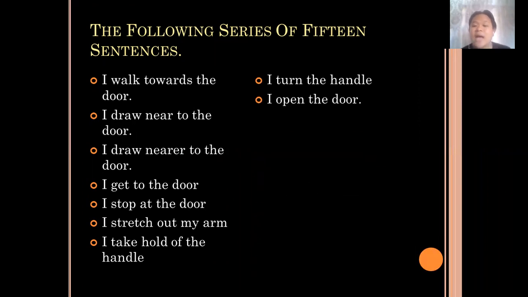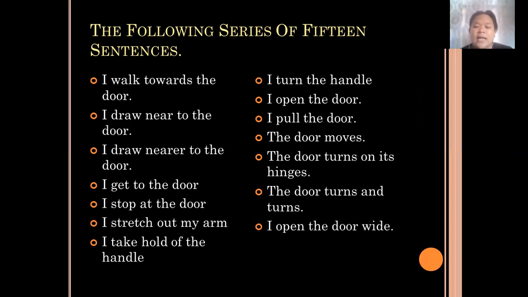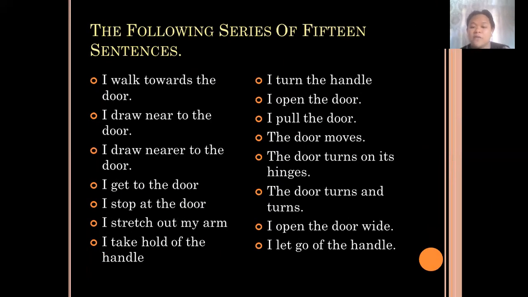I open the door. I pull the door. The door moves. The door turns on its hinges. The door turns and turns. I open the door wide. And the last is I let go of the door. I let go of the handle.